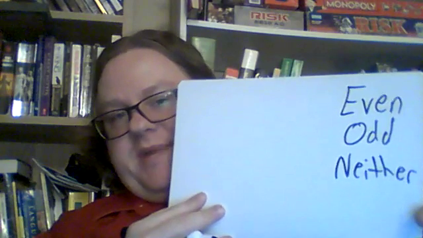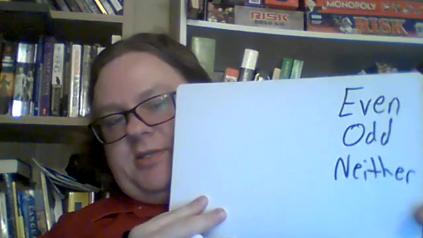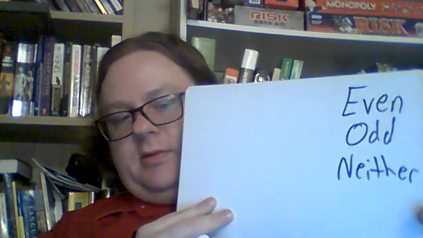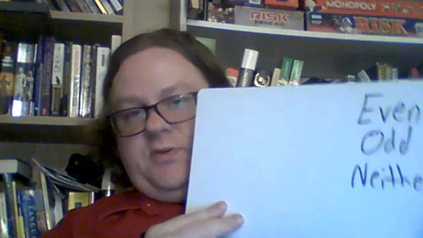All right, last bit for this lesson is whether a graph is even, odd, or neither. These are ways to describe a graph that have certain relationships with the y-axis.